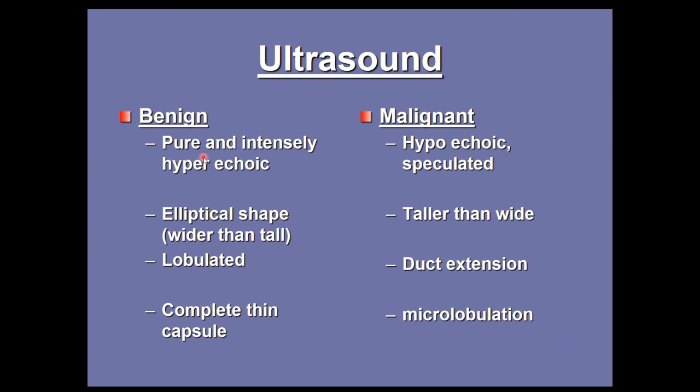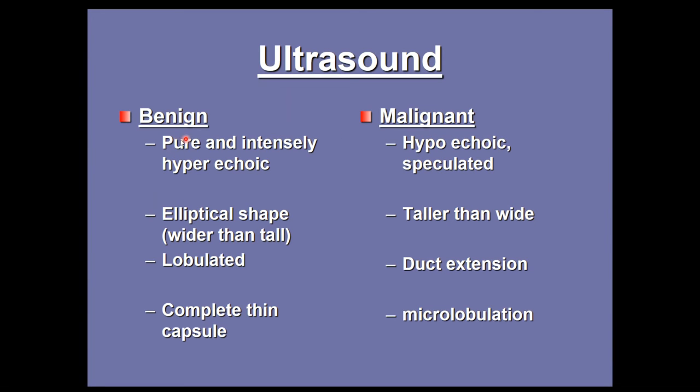In those cases, on ultrasound, if it is purely and intensely hyperechoic, it is because of macrocalcification. In malignancy, the calcifications may be micro, and they will not create a hyperechoic appearance.